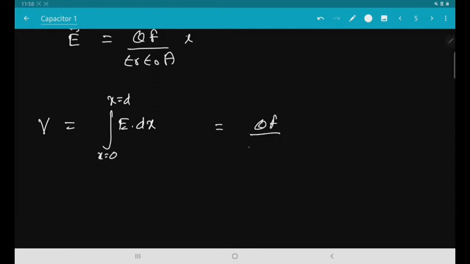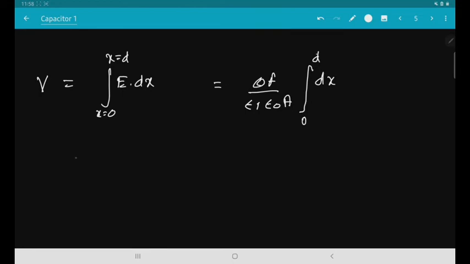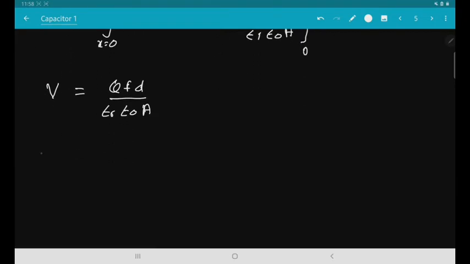QF, epsilon r and epsilon naught as well as A are constant. We will get the integral from 0 to d of dx. That means again we are going to get the same equation. The only difference is that here we get the relative permittivity along with epsilon naught in the equation for potential.